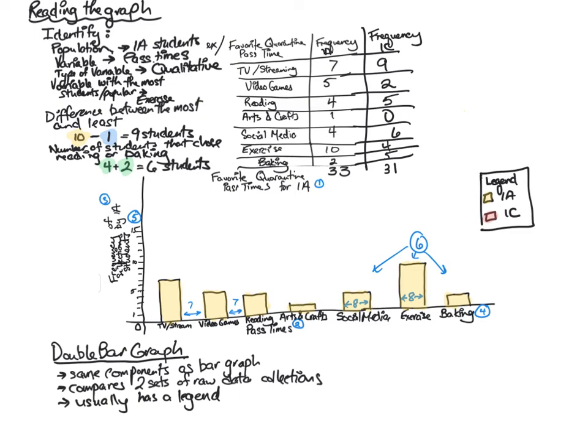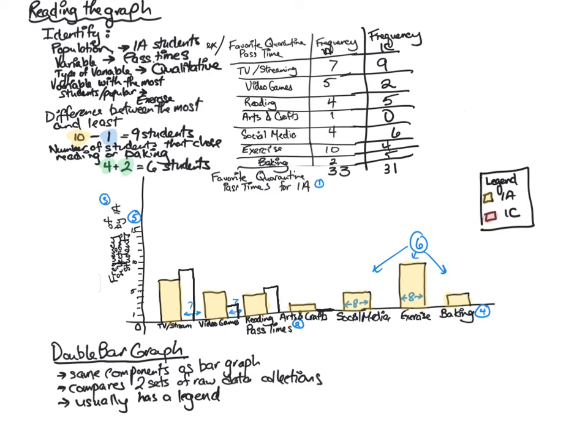So frequency for 1C is 9. For TV, it's 2. For video games, it's 5. For reading, it's nothing for arts and crafts. So you can just have a little line on the actual horizontal base to show that there isn't anything there, because it's perfectly valid that no one picked it.